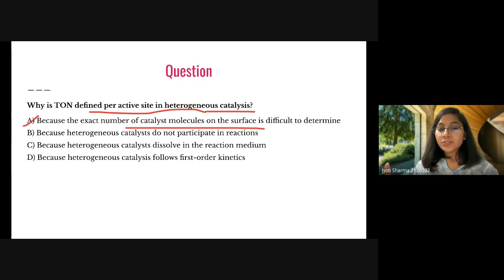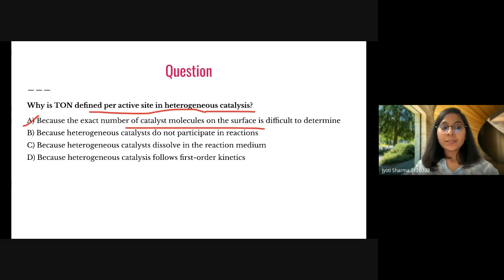But if it is heterogeneous catalysis, for example, if we have a solution, which is obviously in liquid phase, and in that liquid solution we need to put some solid catalyst, then this will give you heterogeneous because the phase is different. The solution was in liquid phase, but the catalyst is in solid phase, so there is a disparity. So this is the heterogeneous catalysis, and the question is related to heterogeneous catalyst only.